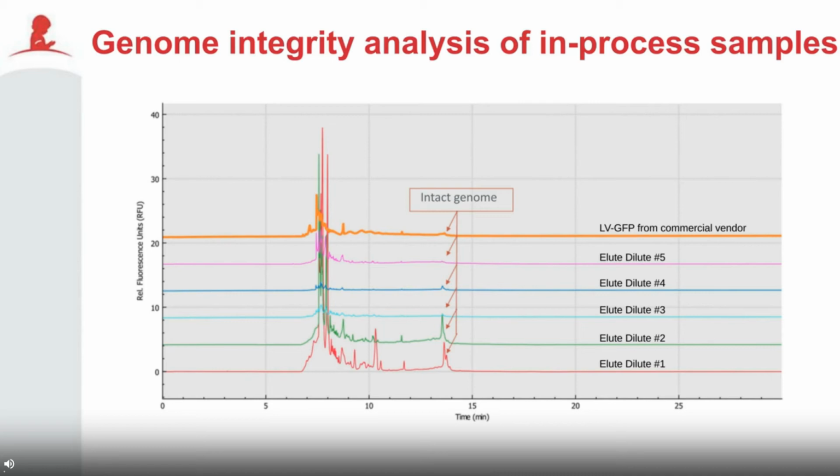So we would expect to see different genome sizes. And the only thing worth pointing out is that you can see there is some variability in the intact genome in terms of the peak shape. So what that means functionally in terms of how well each preparation transduces the cells is not currently known.